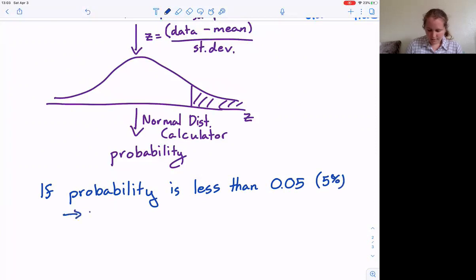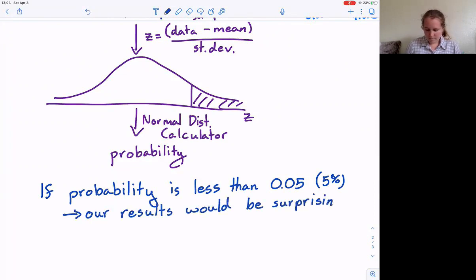So our results would be surprising if the original claim were true.